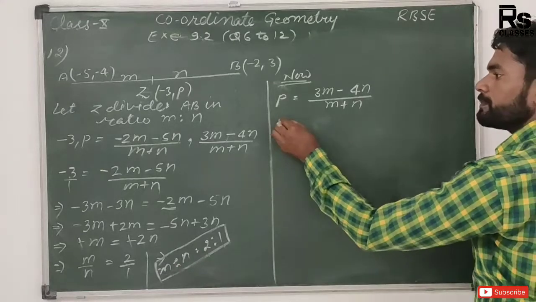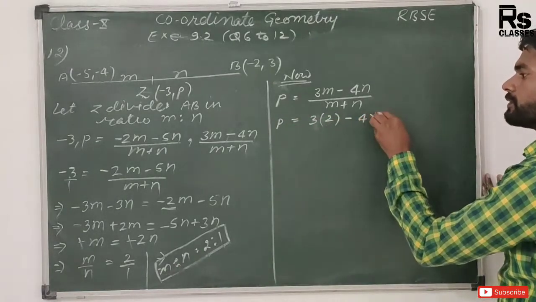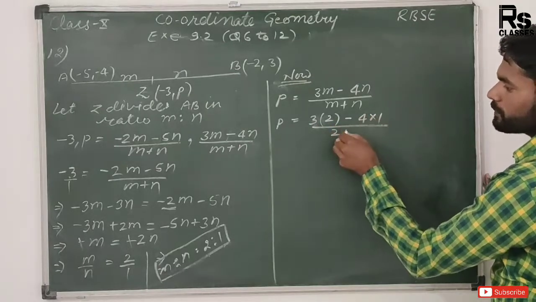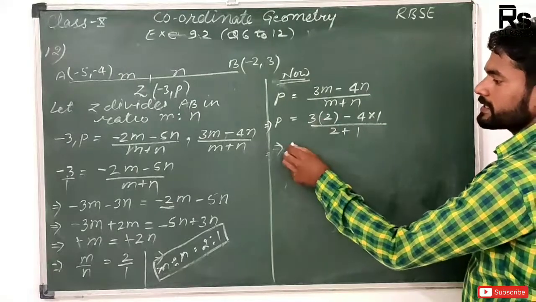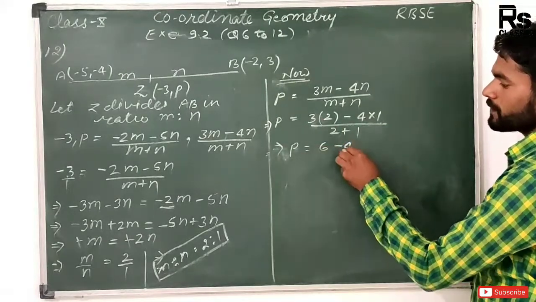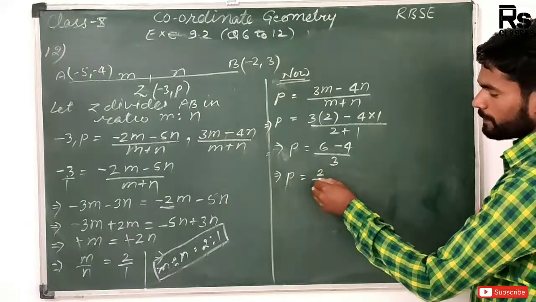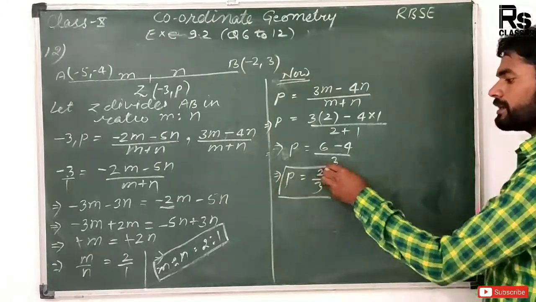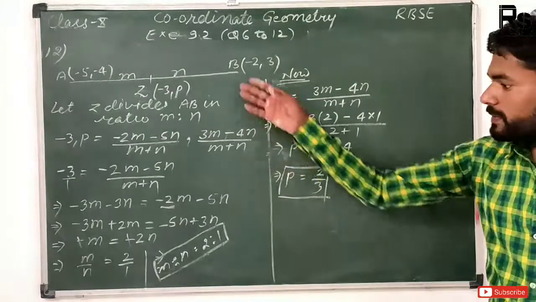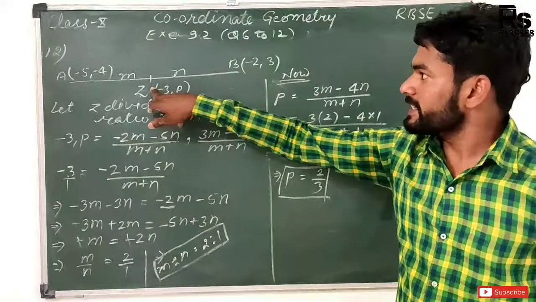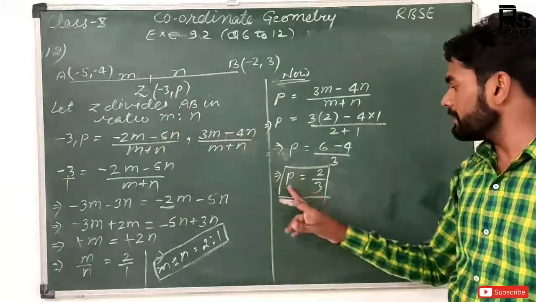So P is equals to 3 into 2 minus 4 into 1 upon 2 plus 1. P is equals to 6 minus 4 upon 3. P is equals to 2 upon 3. So it is the answer of question number 12. This point Z divides AB in ratio 2 ratio 1 and the value of P is 2 upon 3.